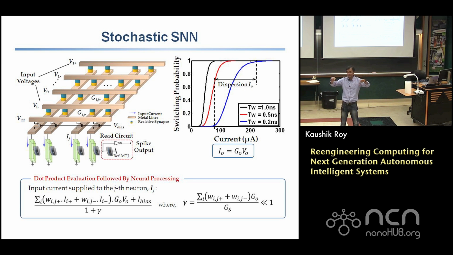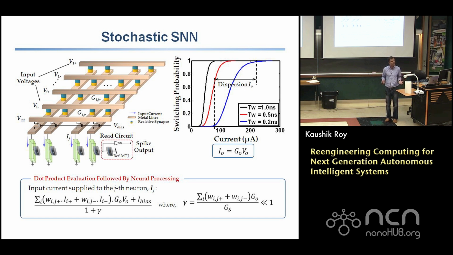It has a probability of switching. It's a weighted probability of switching. And if I'm able to do that in all these devices, the same device, I can actually get a neural network which works well. So all devices are stochastic in nature. I'm not going into the details of it. If anybody is interested, one can do that, but that's possible. Everything has a stochastic switching behavior.